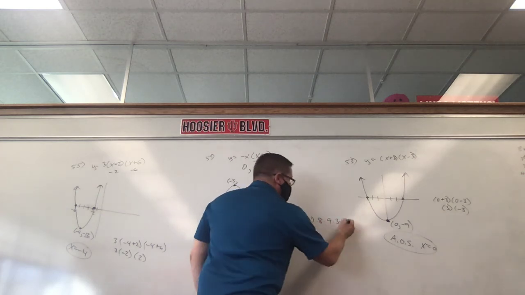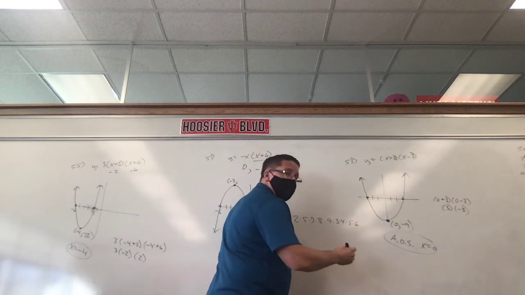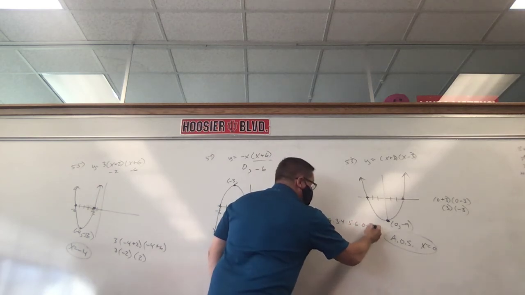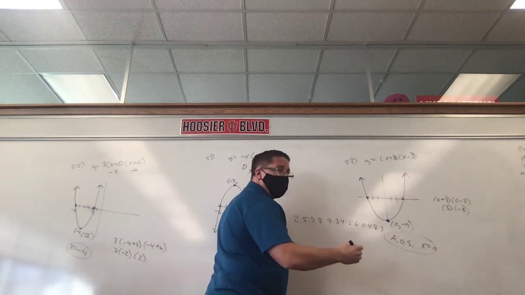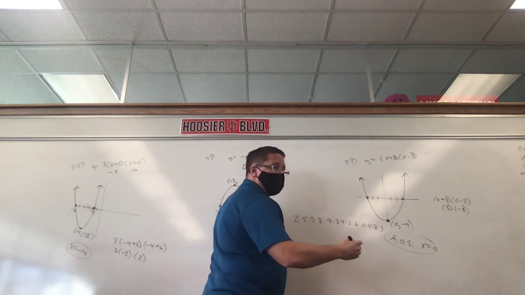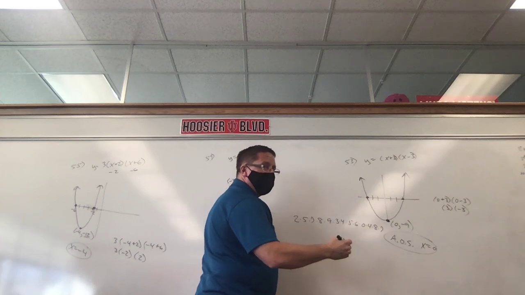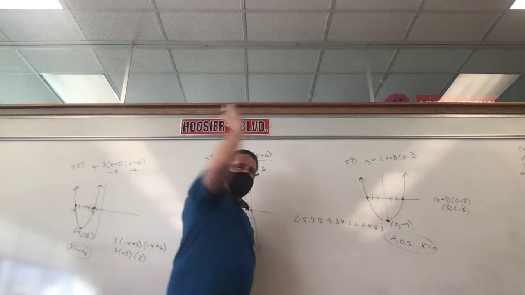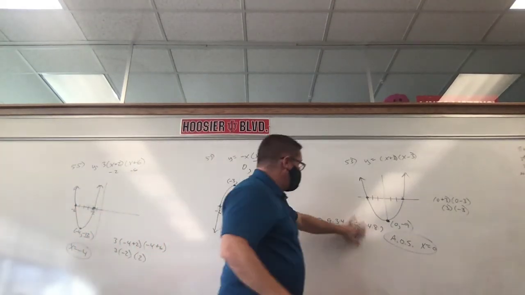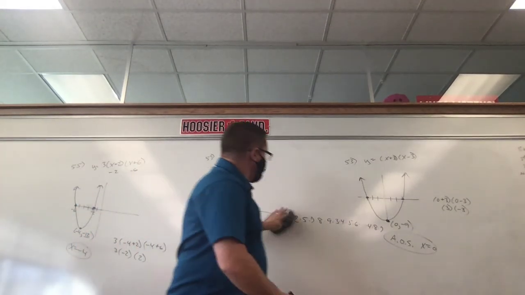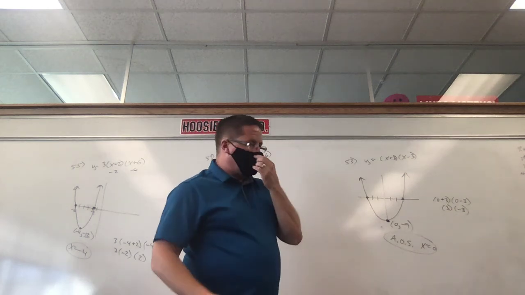No. Me neither. Times 5 times 6 times 0 times 4 times 8 times 7. I'm not done. You still want to stay with 0? Very good. Why? Because as soon as I put that 0 in, it all goes away. Would you use a calculator on that? I hope not. Now, if I took the 0 away, then you want to use a calculator. As soon as I plug in a 0, it all goes away.